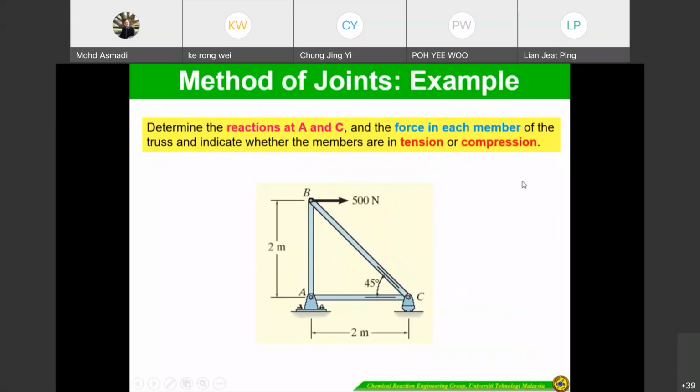Determine the reactions at A and C and the force in each member of the truss, and indicate whether the members are in tension or compression. If you look at it, how can we use the method of joints?